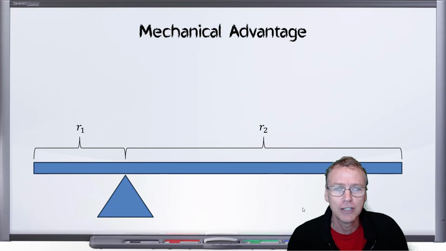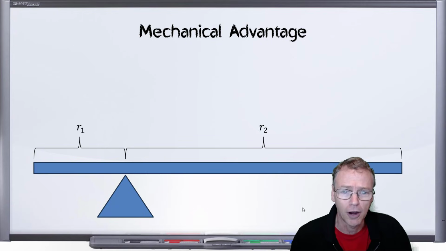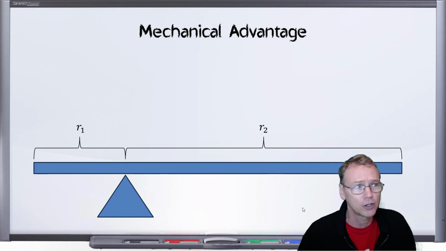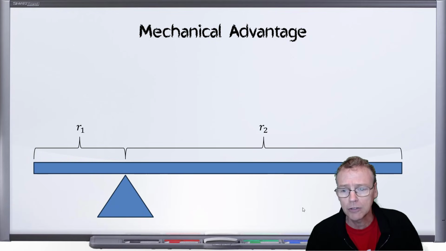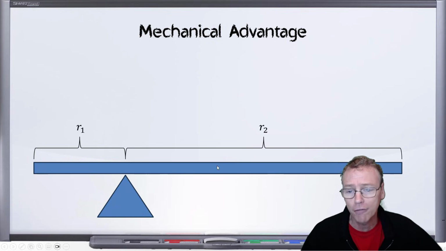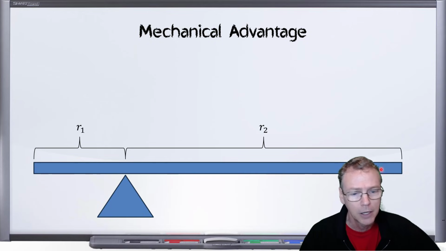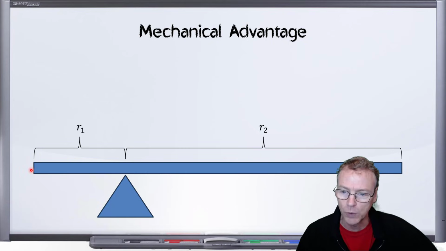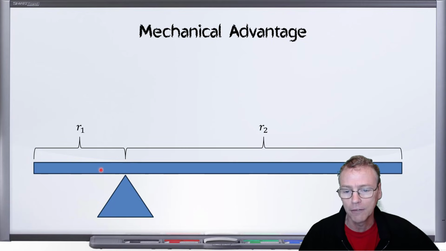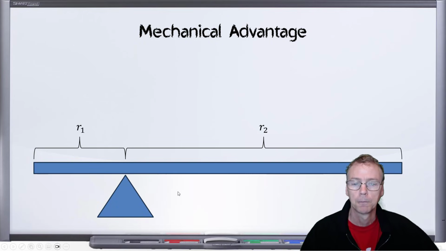Mechanical advantage is a concept we learn in our physics classes pretty early on. And it goes something like this. When we have a lever, we'll have what we call a fulcrum, which is a pivot point, and then moment arms. Arms are some sort of beam, which we'll assume to be perfectly rigid, that extends to either side of this rotating pivot.